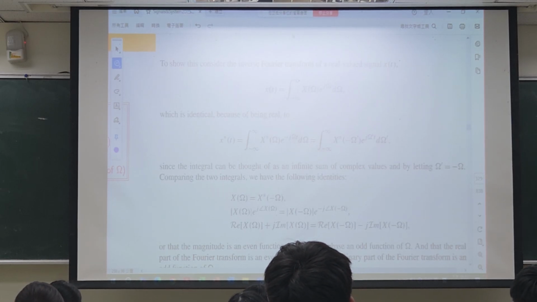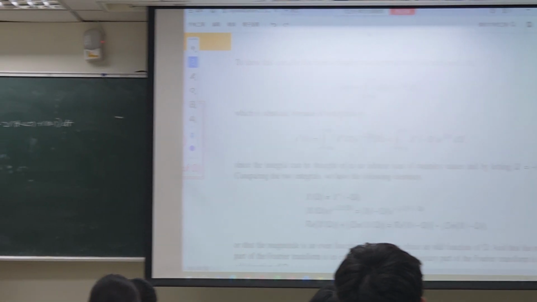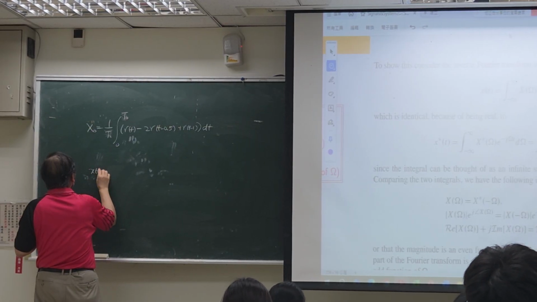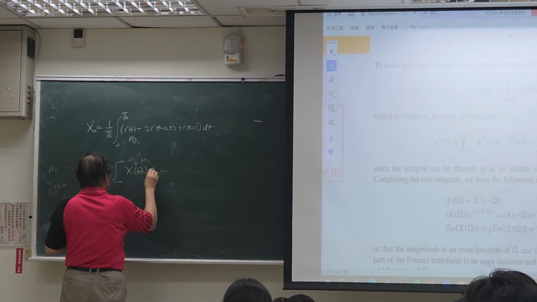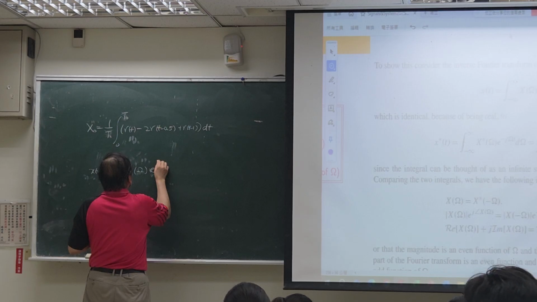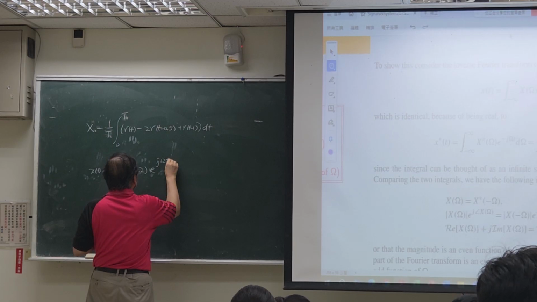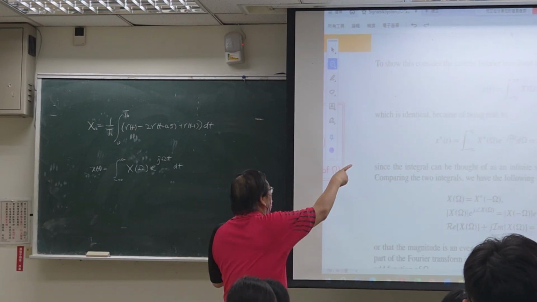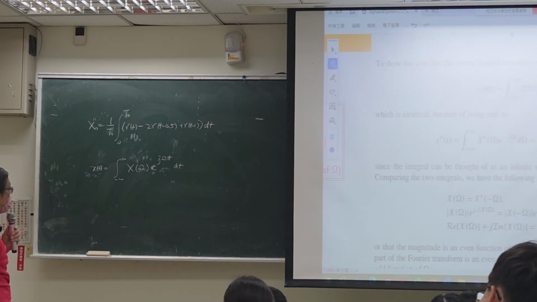We take the complex conjugate over the product of the two functions. So this is the inverse Fourier transform of the frequency response.